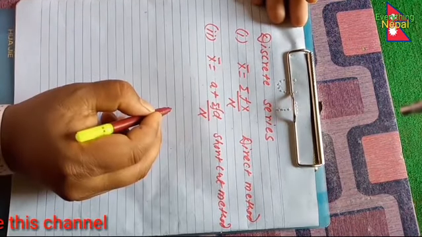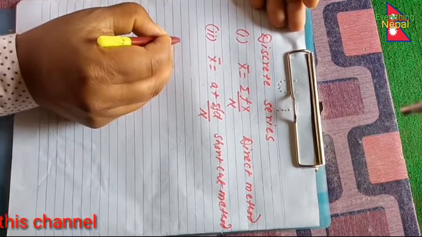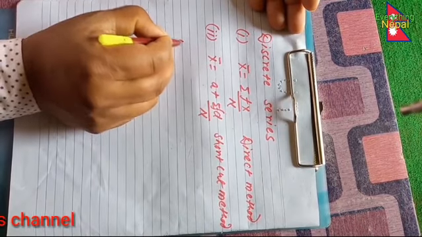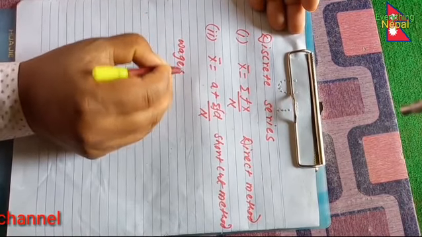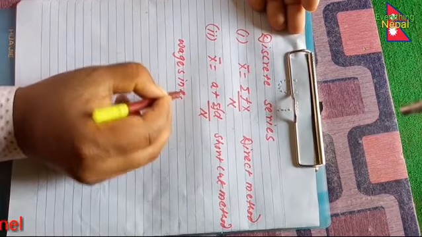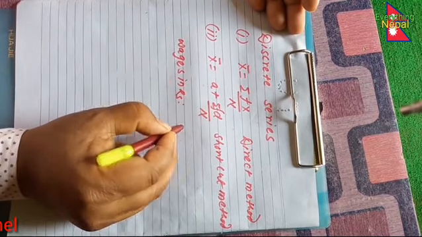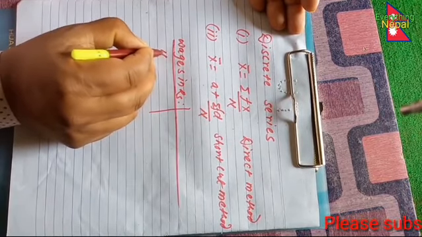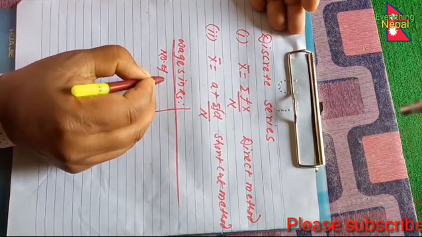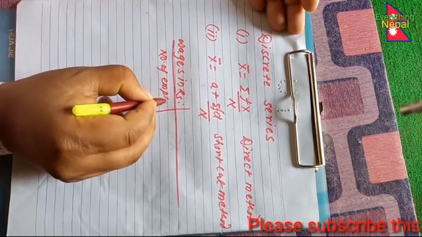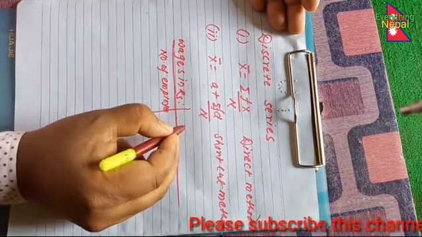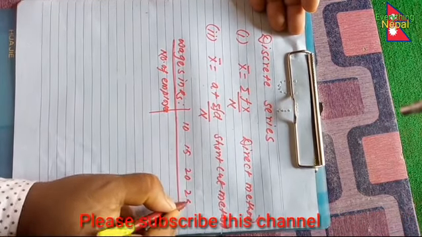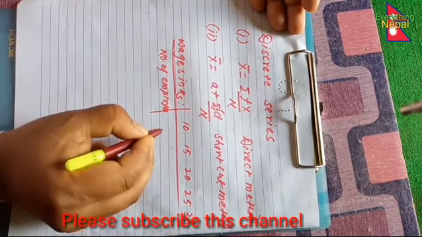And let us take an example in case of discrete series, that is wages in Rs and number of employees. The wages are 10, 15, 20, 25 and 30.